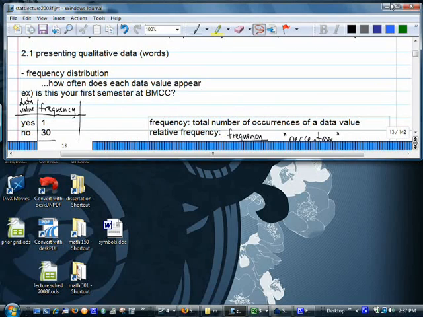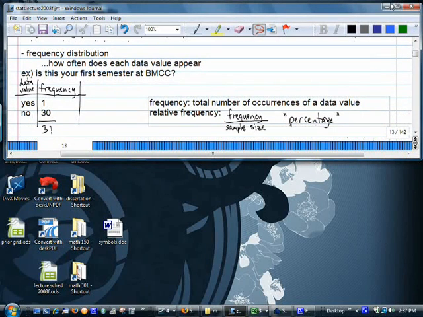So relative frequency is your frequency divided by your sample size. So in this case, let's fill this in. What's our sample size? How many people were asked? 31. So let's fill this in over here.